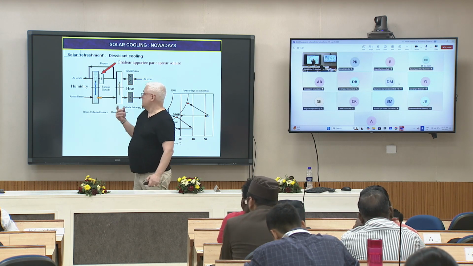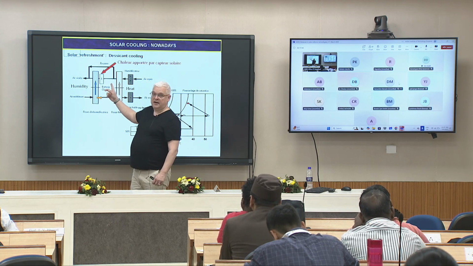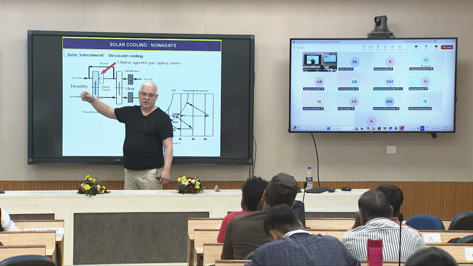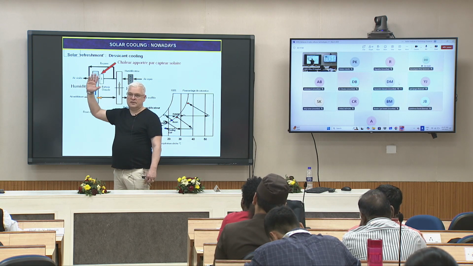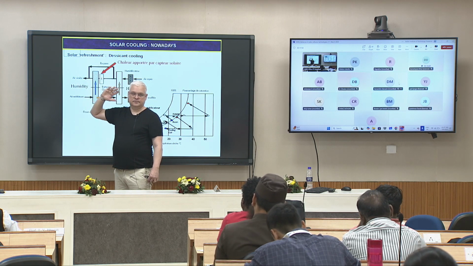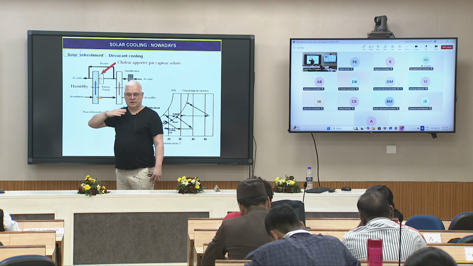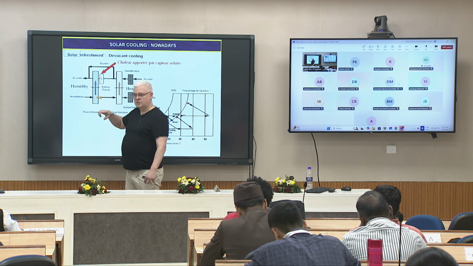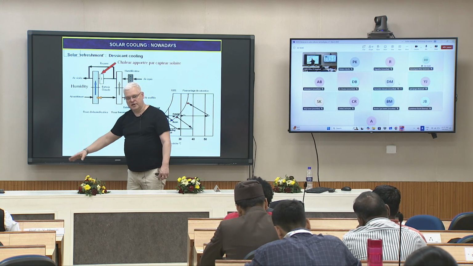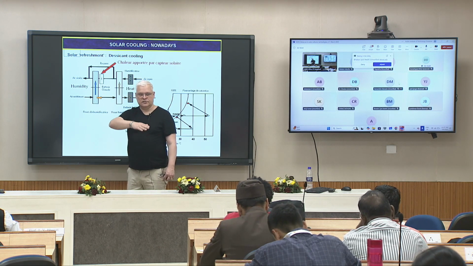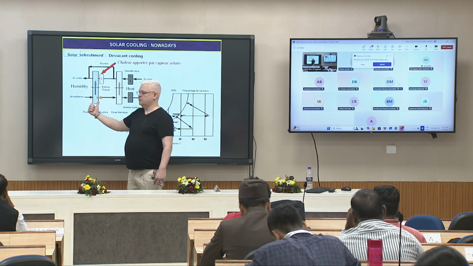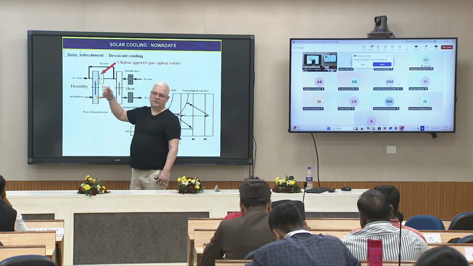So we are heating the air before crossing the desiccant wheel in order to evacuate the humidity, and to be sure that here we can catch humidity again. It is a wheel which is running very slowly in order to catch humidity and to get rid of humidity.